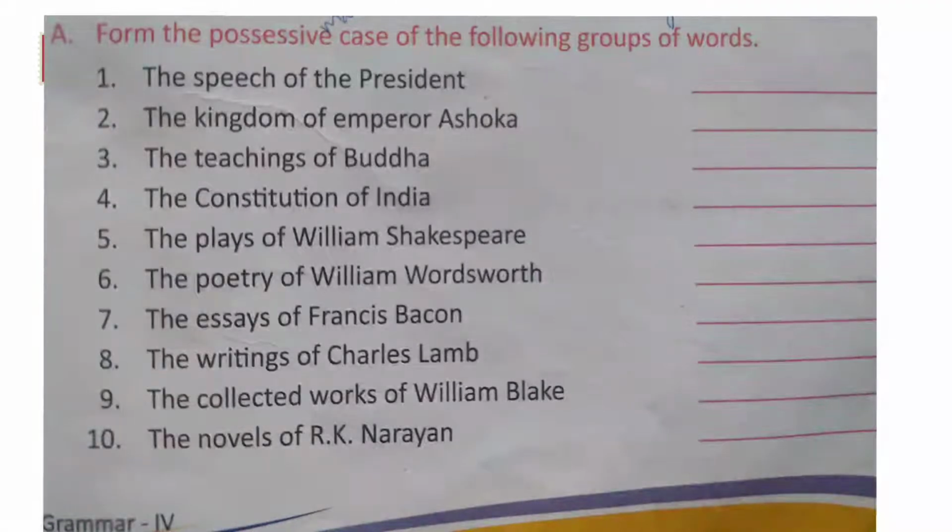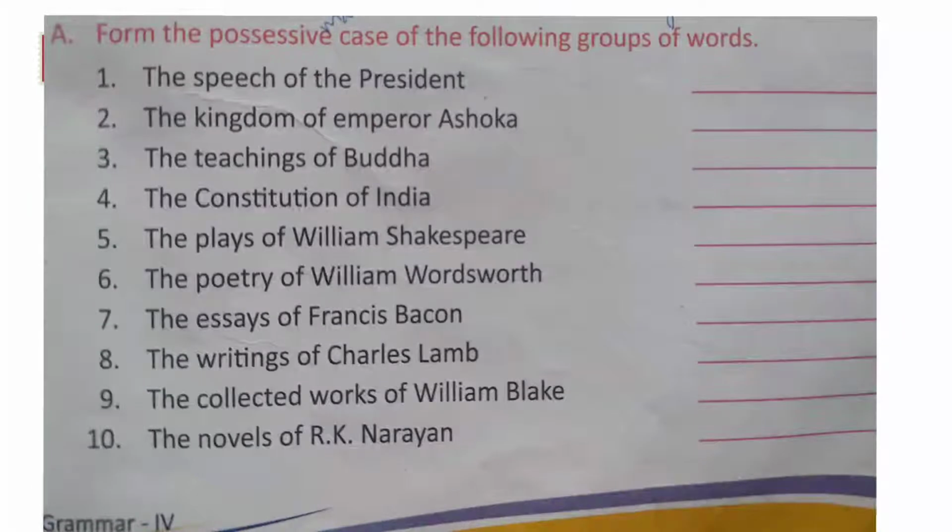The kingdom of Emperor Ashoka. Emperor Ashoka is also not ended in s, so we will add apostrophe s. Emperor Ashoka's kingdom. The teachings of Buddha. Buddha is also not ended in s, so Buddha's teachings.